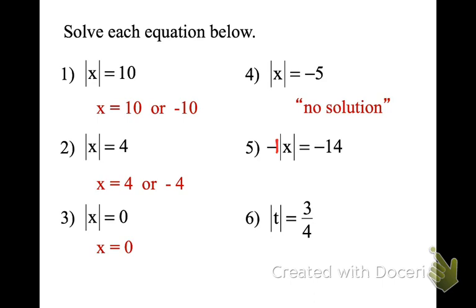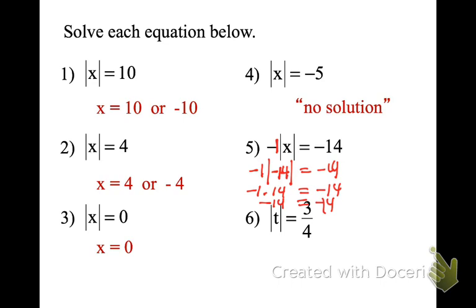So in this case, what did you get, Alan? I got negative 14. So let's try negative 14. Okay? So it's negative 1 times, what's the absolute value of negative 14? 14. Negative 14 equals negative 14. So that works.